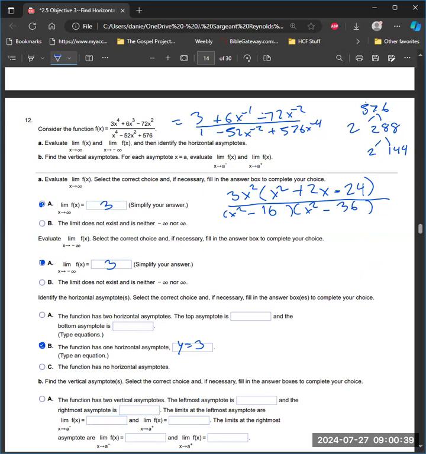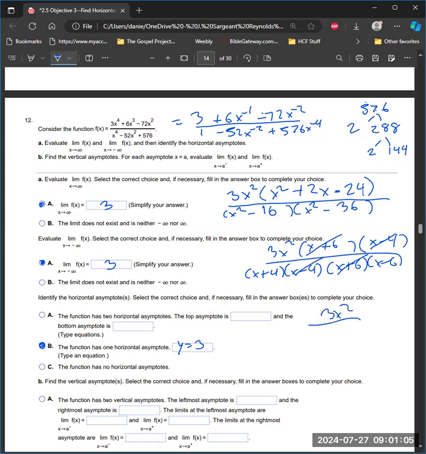This is going to break down into 3x squared times x plus 6, x minus 4. This will be x plus 4, x minus 4, x plus 6, x minus 6, x plus 6, and x minus 4. Cancel off, and I'm left with 3x squared over x plus 4, x minus 6. x cannot be equal to -6 or 4.